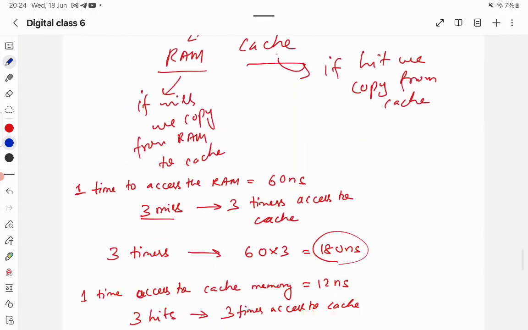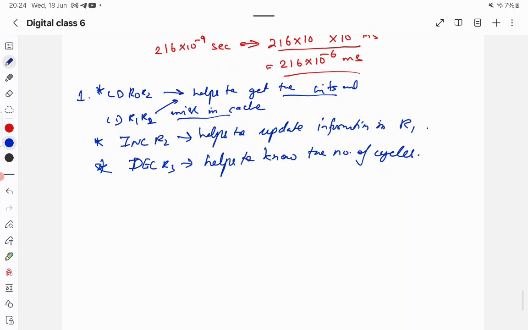Okay, then if you look at the next, what R2 is doing: we are increasing the value of R2, like 10, 11, 12, and this helps to update the value in R1, because every time, R1 is load R2 in R1, so we are loading the value of R2 in R1.